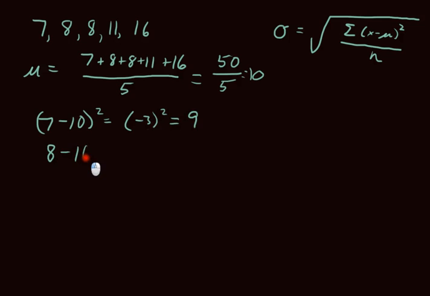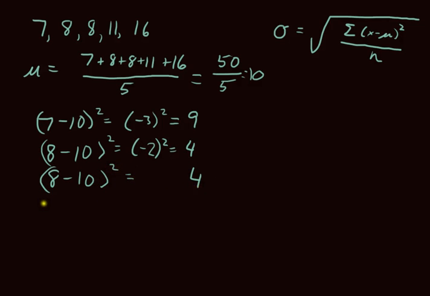Next one is 8, so 8 minus 10 squared is negative 2 squared is 4. Then we have another 8, so 8 minus 10 squared. Again, we get 4. Then we have 11. 11 minus 10 squared is 1. And last but not least, 16. 16 minus 10 is 6. If I square it, I get 36.